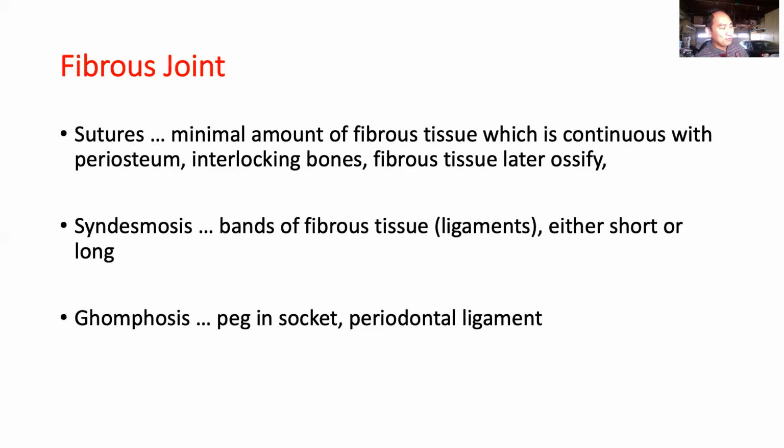And the third type of fibrous joint is gomphosis. As we said, our tooth is deeply buried in the bone substance of the mandible. That is also a joint because in theory, two surfaces meet together, which are joined by tissue.